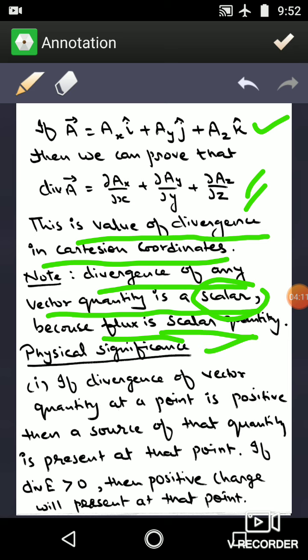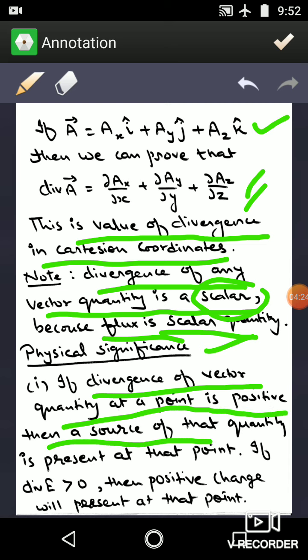Let us know about the physical significance of divergence. If divergence of a vector quantity at a point is positive, then a source of that quantity is present at that point. Let divergence of E be greater than 0.